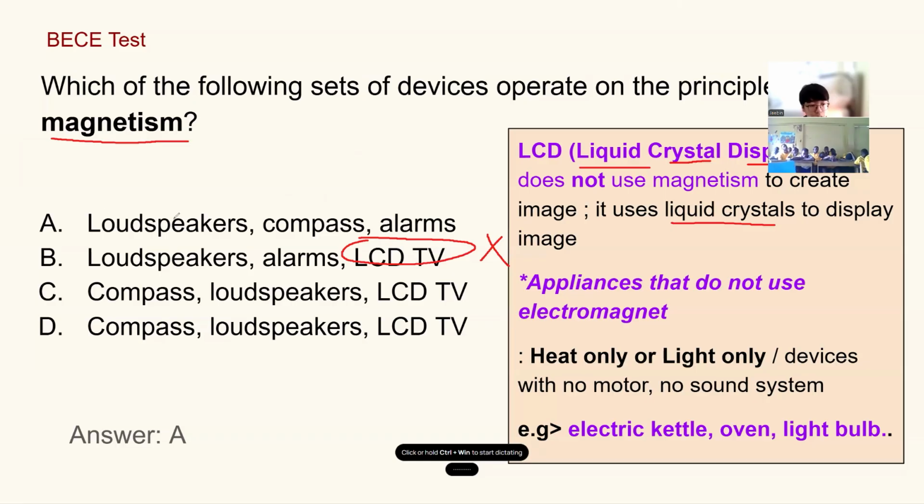But on the other hand, things like loudspeakers, yes, they use magnetism. Compasses, of course, they use magnetism. And even alarms, they use magnetism. The electromagnetism, remember? Where we use electricity to create magnetism. Okay, so all of these options use magnetism, except for LCD TVs.